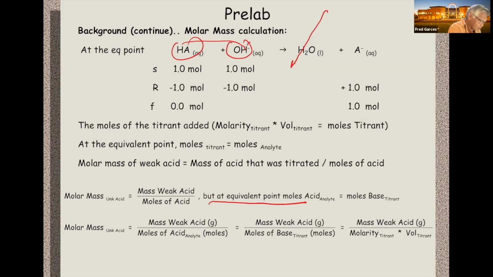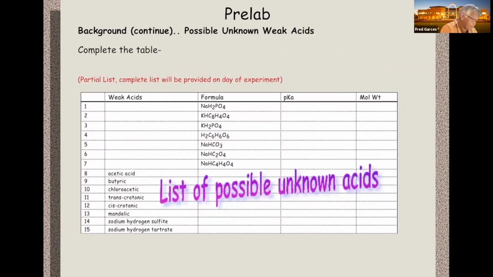And if you know the moles of the base, you know the moles of the acid, and if you take the mass of the acid and divide it by the moles, you have the molar mass. Second piece of data. So this background information here just shows you how that calculation is done.